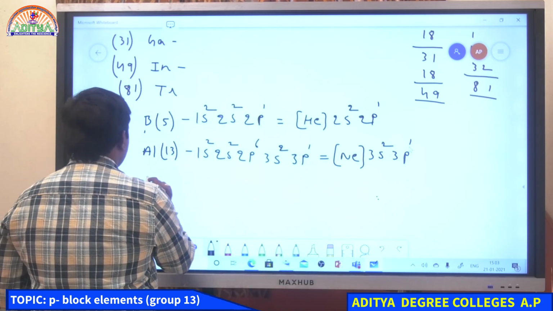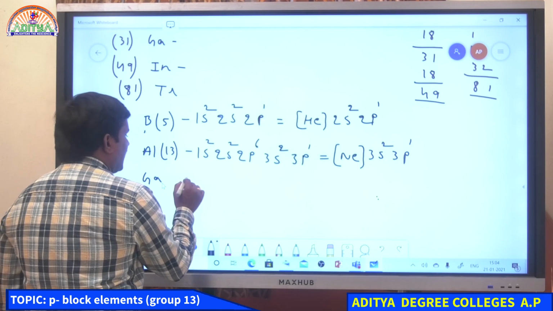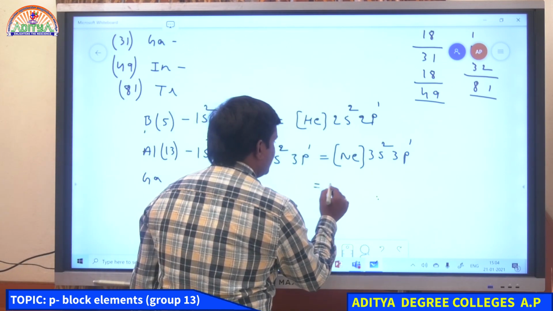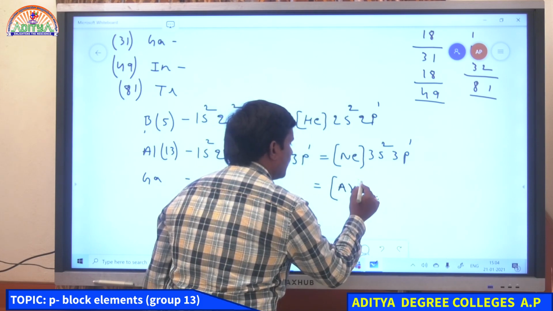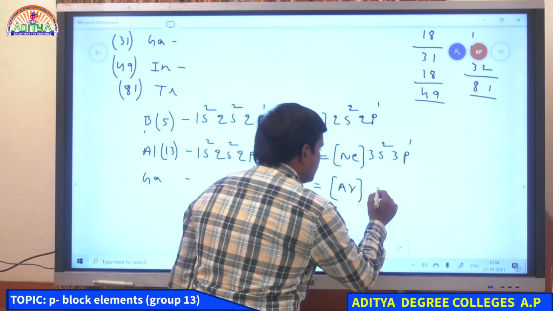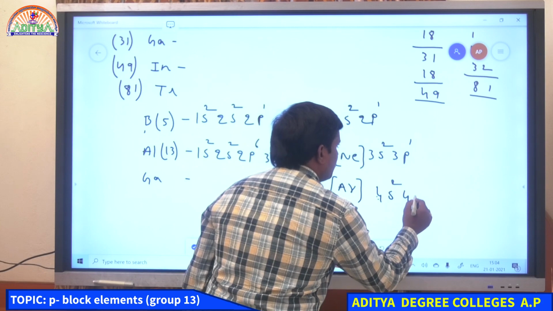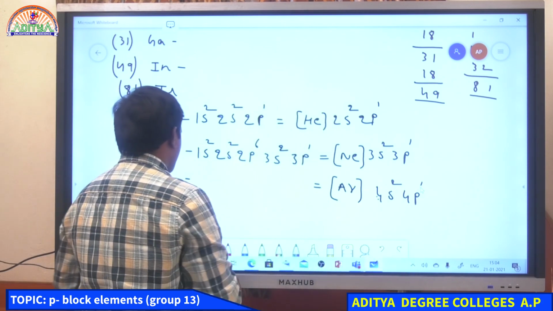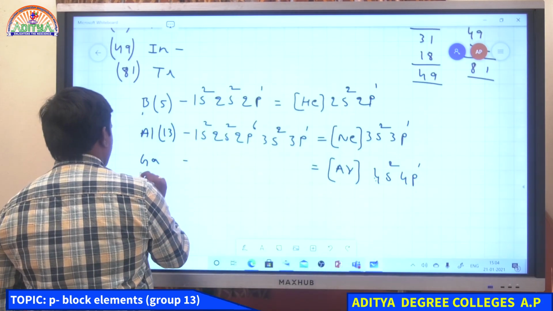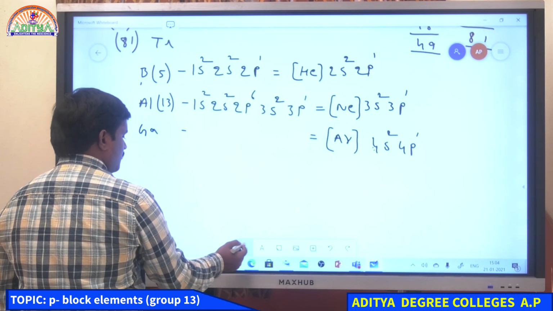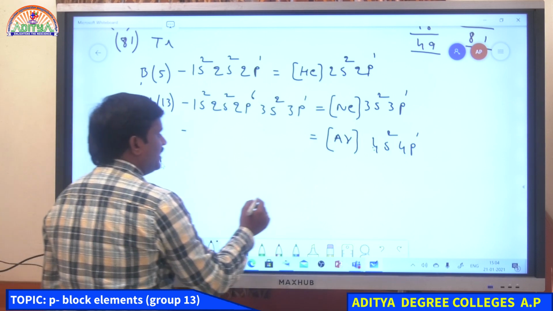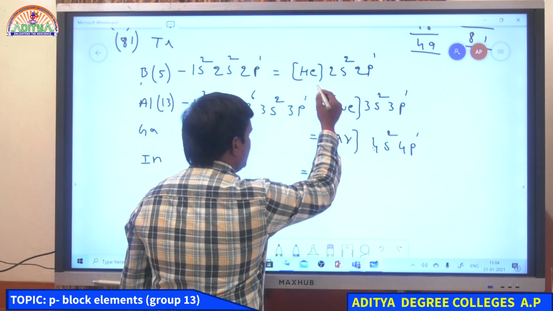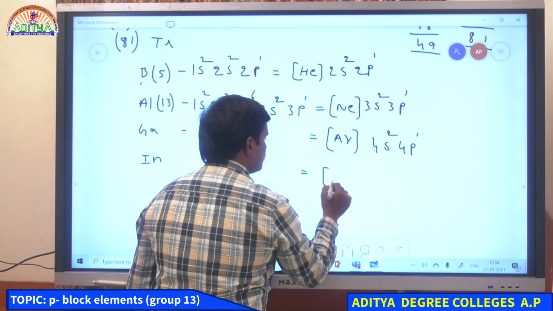And now gallium. For gallium, the configuration in terms of noble gas is helium, neon, and the next one is argon. So argon 4s2, 4p1. Next one, indium. For indium, the electronic configuration is helium, neon, argon, krypton.